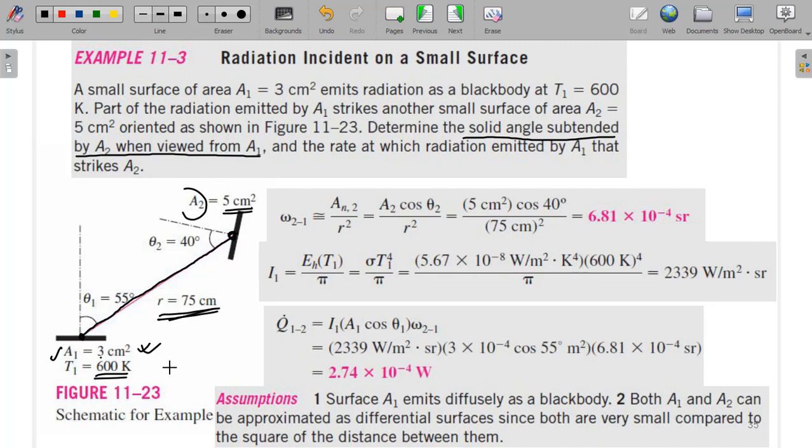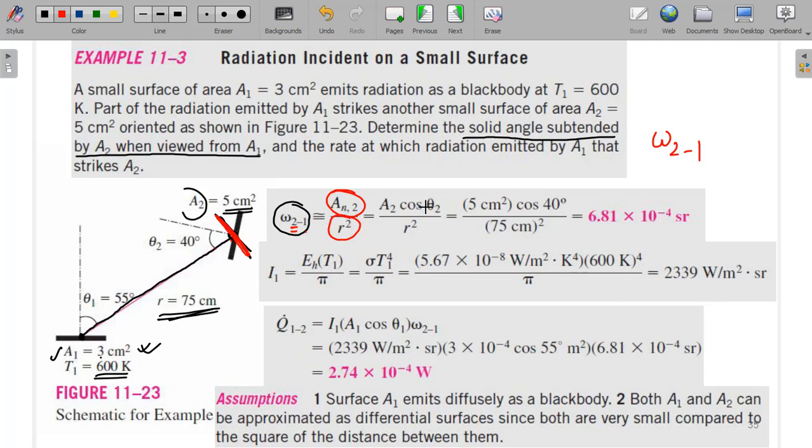The formula of the solid angle is: find out the normal area. Here, I'm showing the normal area in red, and that normal area divided by R square will give you the solid angle of 2 if viewed from 1. Omega 2 1 indicates the solid angle of area 2 when viewed from 1.